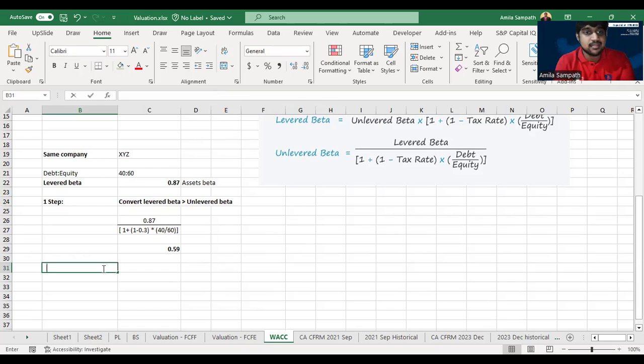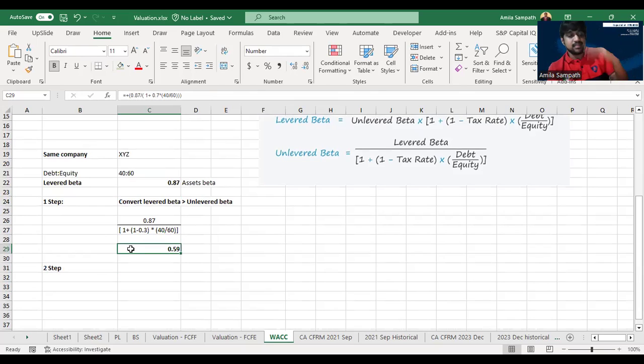Then our second step is this. Since this is a comparable company for us, we can say this 0.59 is our unlevered beta also, because this XYZ is comparable for our company.